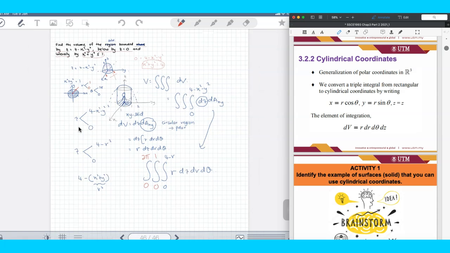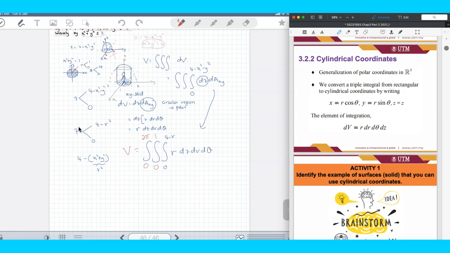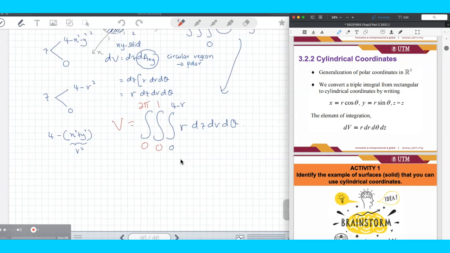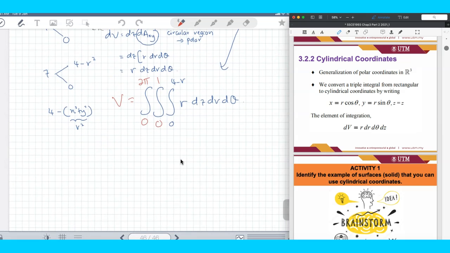So now we can evaluate the volume of this particular solid by using cylindrical coordinate. How can we evaluate? The standard process: first remember that r here will be part of your integral, because it comes from dA. First we integrate with respect to z. r is constant.